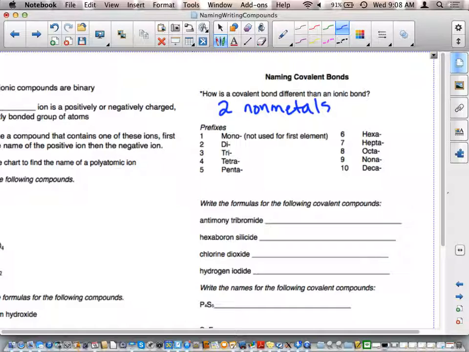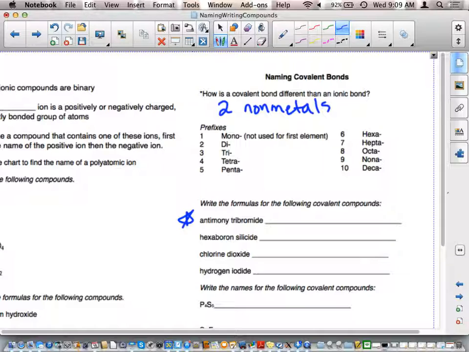Okay, so we put this prefix in front of the name of the element to tell us how many there are. However, if the element is listed first and there's only one of them, we don't use mono. We only say the name of the element. If it's the second element and there's only one, then we would use mono.